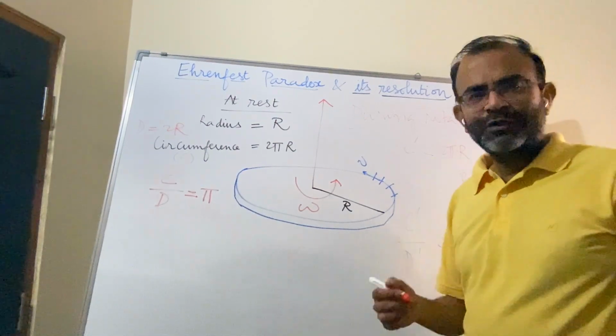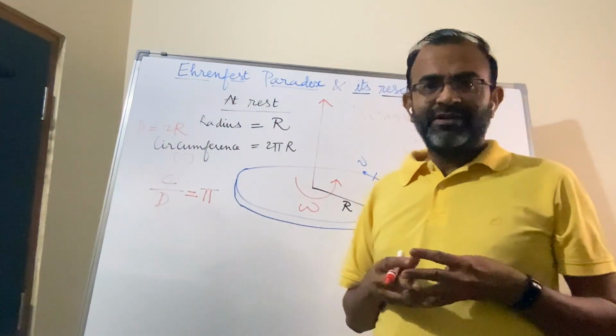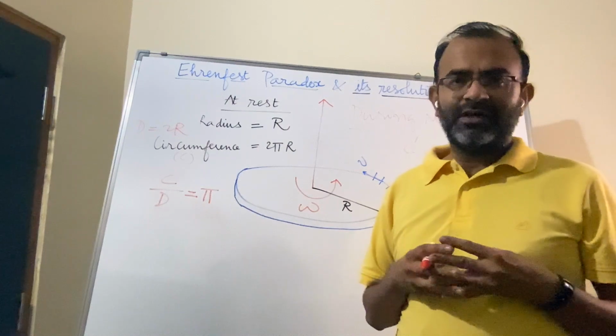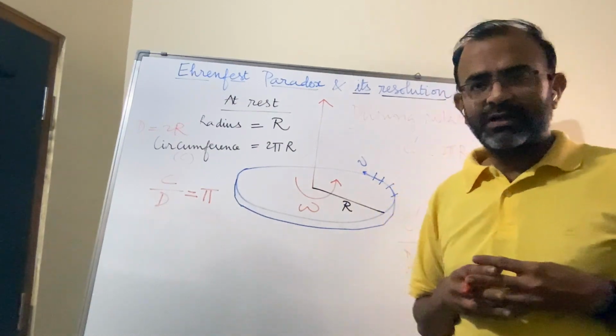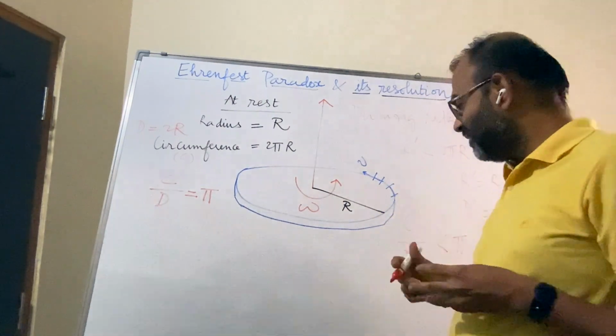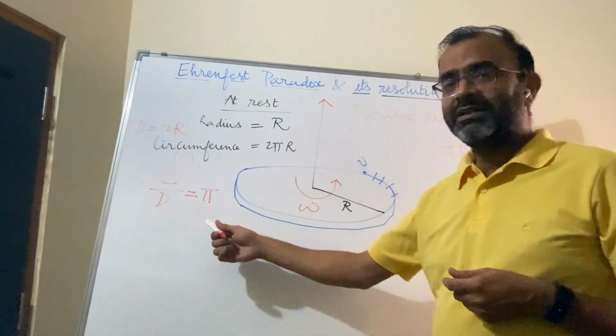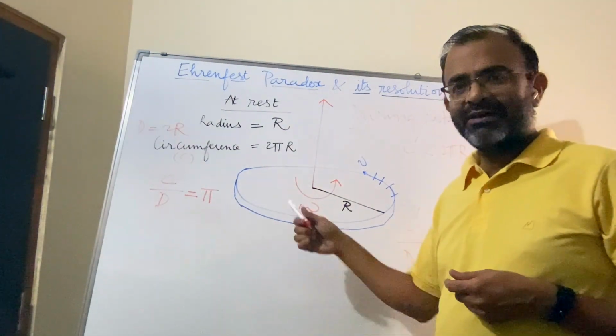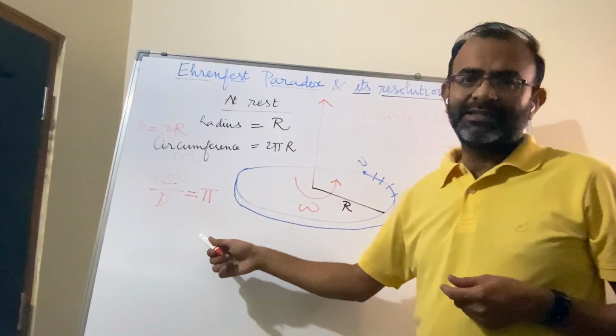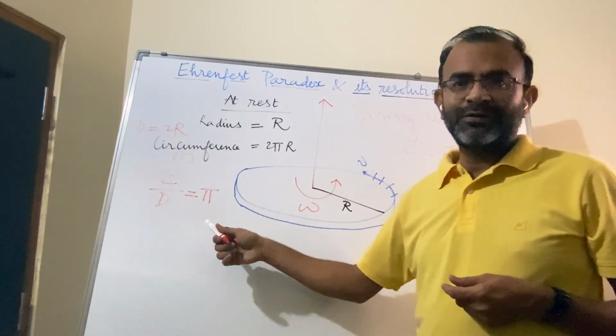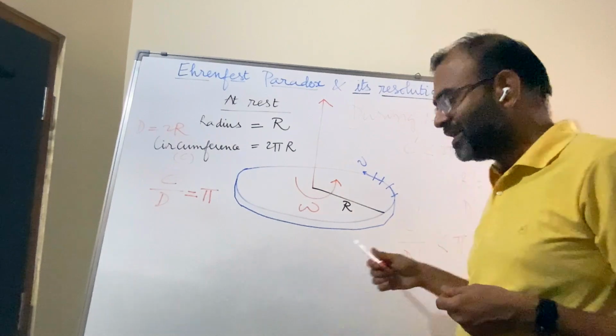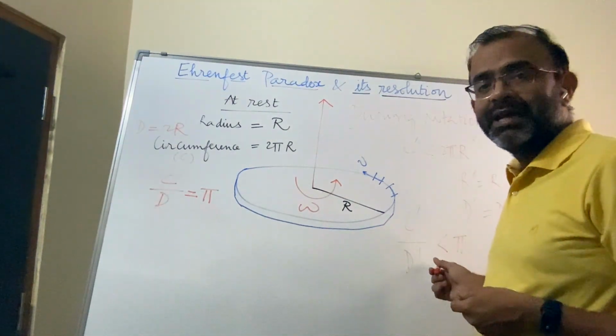We know that the ratio of the circumference to the diameter of a circle is always pi. Ehrenfest found that this is a paradoxical situation, that for the same disk, when it is at rest, its circumference to diameter ratio is pi, and when it is rotating, this ratio is less than pi.